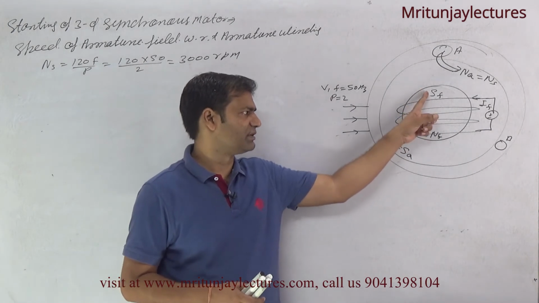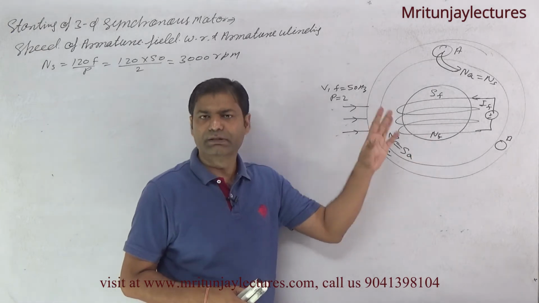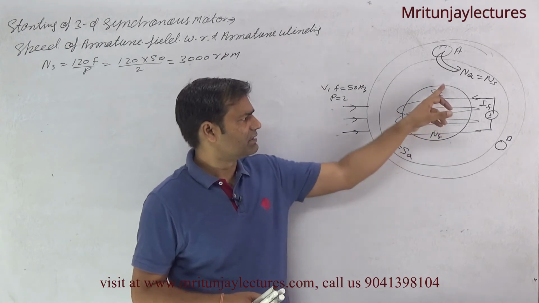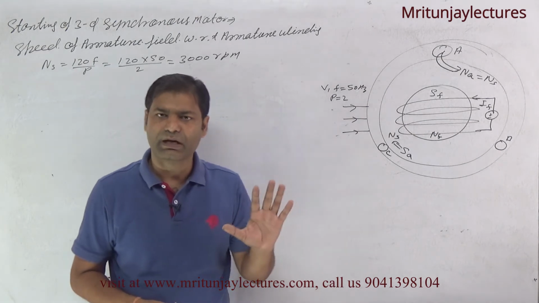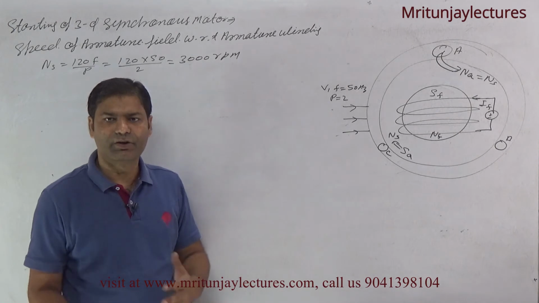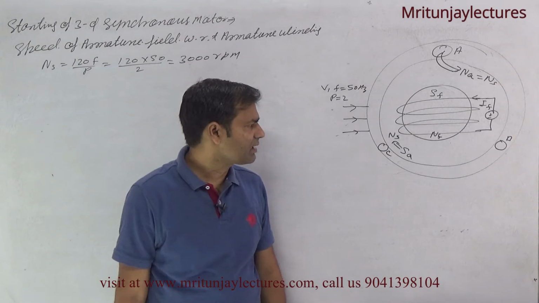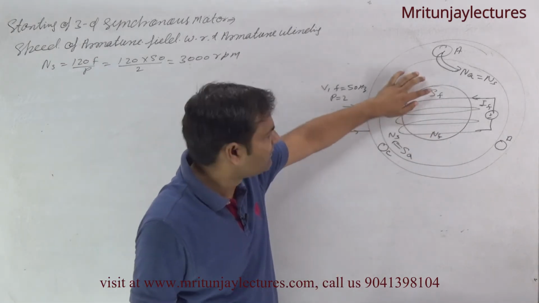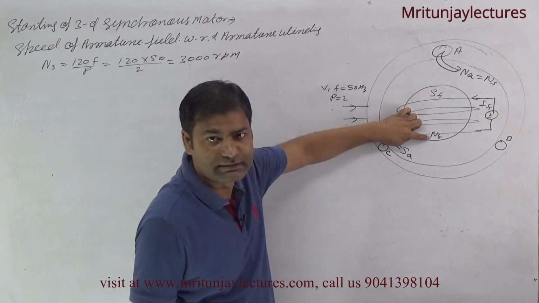If this one is NF and that is SF, then what happened? After some time we get that is SF and that is NF. This doubt I have discussed in a question. Otherwise this topic is very long, time-taking topic. Now this one is SF and that is NF, clear?